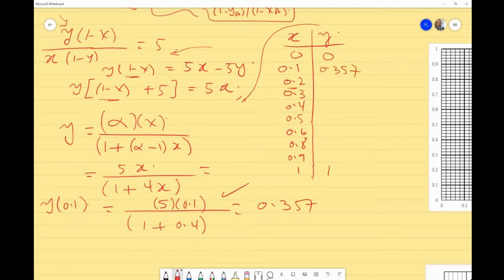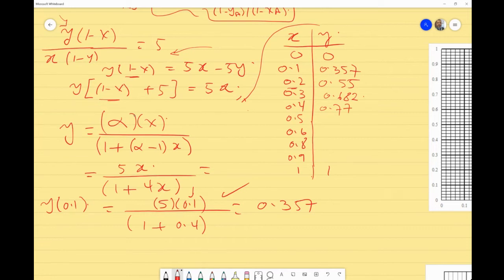What about the other one, when we have this 0.2? 0.556. And 0.3 is 0.682. And at 0.4, 0.77.